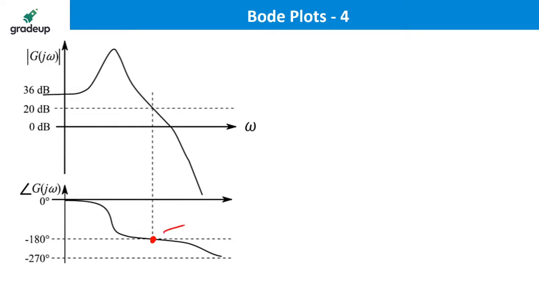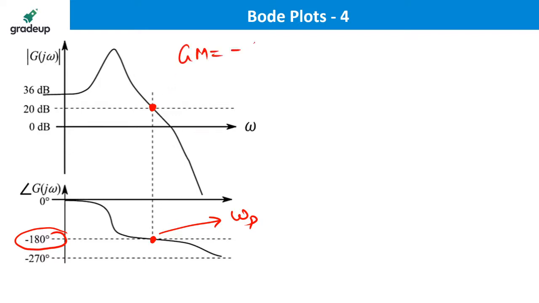So this is basically omega p. This is basically phase crossover frequency, because at this frequency the phase is minus 180. And what do we calculate at the phase crossover frequency? At the phase crossover frequency, we calculate the gain margin. So what is the gain margin formula?